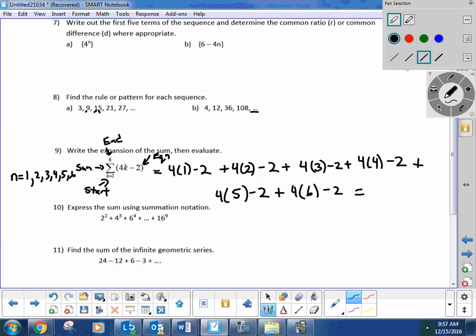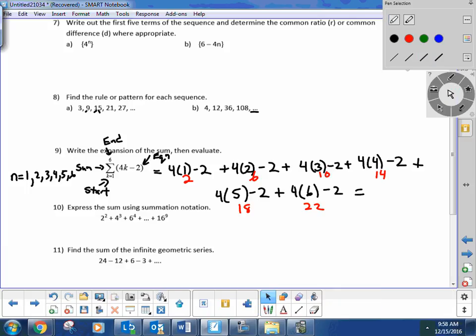So I'll be able to do this kind of quickly for you. I'm going to do it in red, though, so we can find the difference here. This is going to be 2 plus 6 plus 10, then 14, 18, and 22.